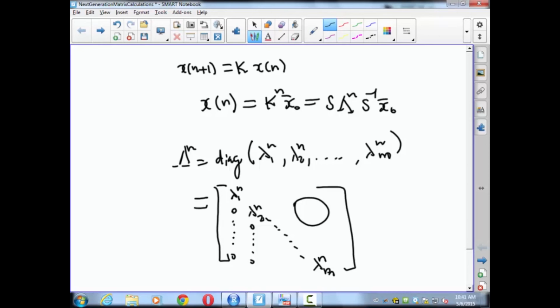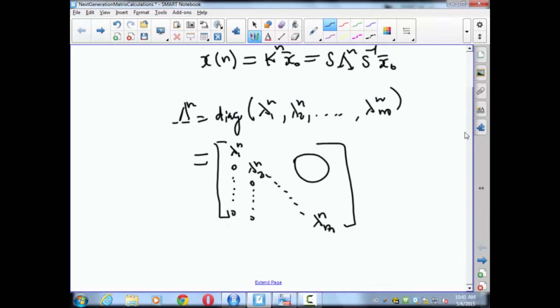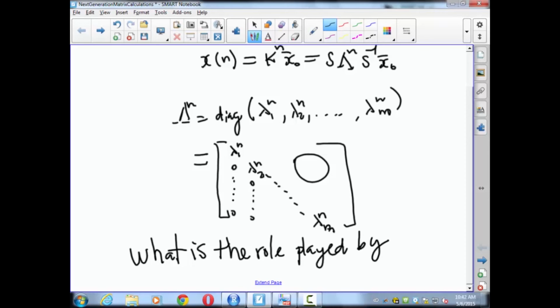One important thing to ask is, what is the role played by lambda sub j?